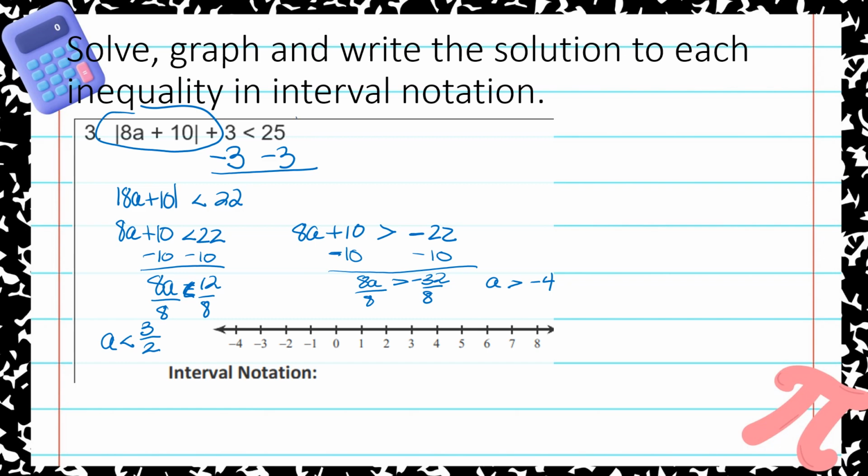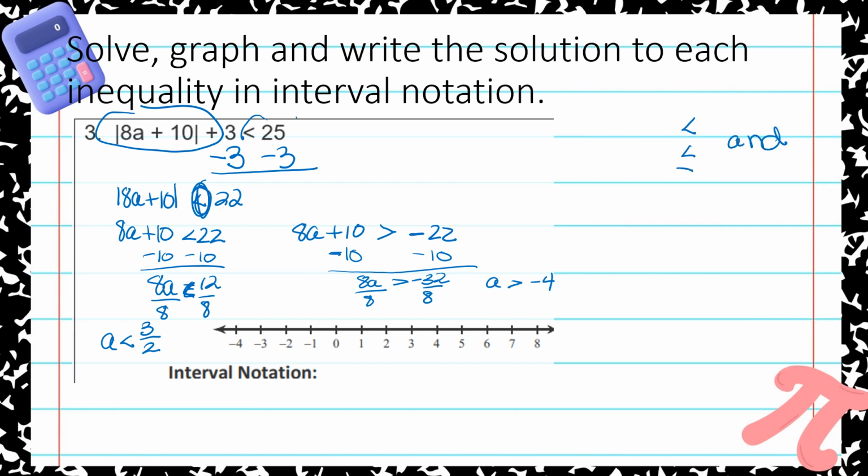So this is less than when I get this by itself. That means my numbers are not going to be further away than the 3 halves and the negative 4. It's going to be in between. So whenever you get the absolute value symbols alone and you see a less than or a less than or equal to, this is an and, okay?